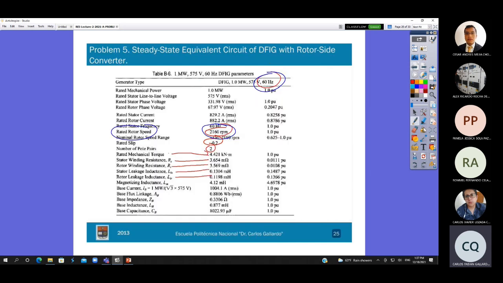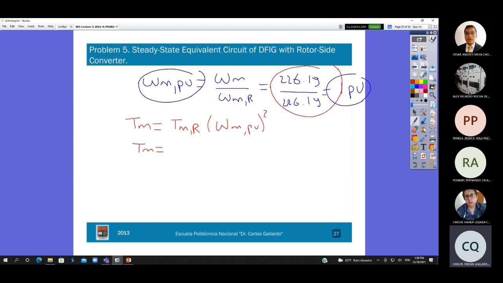In this case it is 4,421 kilonewton meters. So I will have 4,421 Newton meters times the speed ratio, in this case the per unit value, 1 squared. That is the way to estimate the electromechanical torque. So it is equal to 4,421 Newton meters.